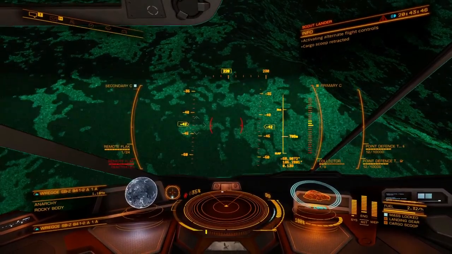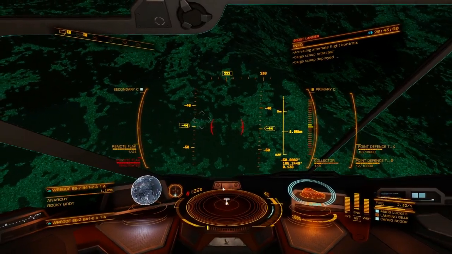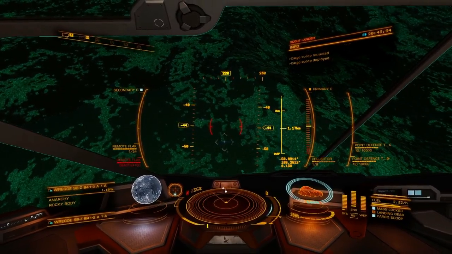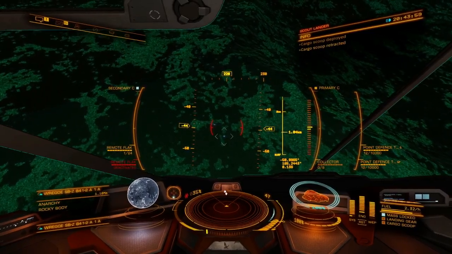Programming limpet drone. Programming limpet drone.